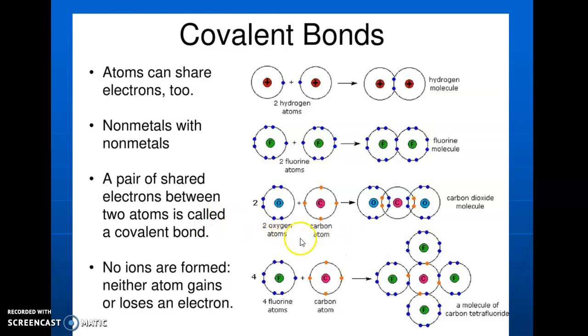Taking a look at combining something other than the diatomic, if 2 oxygen atoms combine with a carbon atom, this can complete the valence shell for each of them as well. But this one's a little trickier because carbon has only 4 and oxygen only has 6. In order to get to 8, of course, that means oxygen needs 2 more. Well, it's going to borrow 2 from carbon. That would, before the next oxygen atom combines, give carbon only 6 valence electrons.